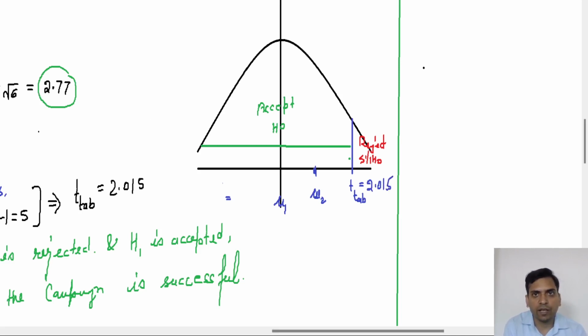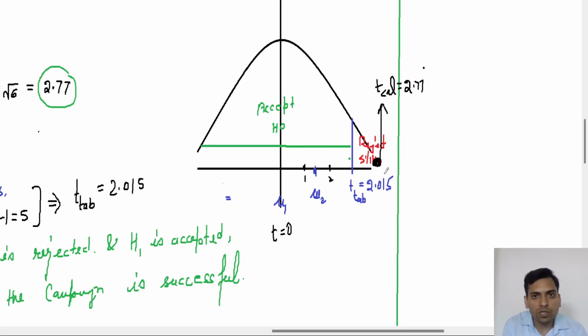And as per calculation, the t calculated value is 2.77. Suppose this location is the middle, t equals 0, and in this direction this may be 1, this may be 2, and this is 2.015. So this 2.77 lies in this area, in this location. This is t calculated, which equals 2.77.